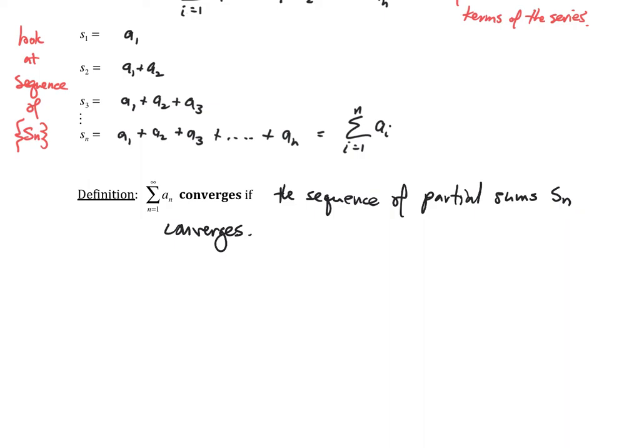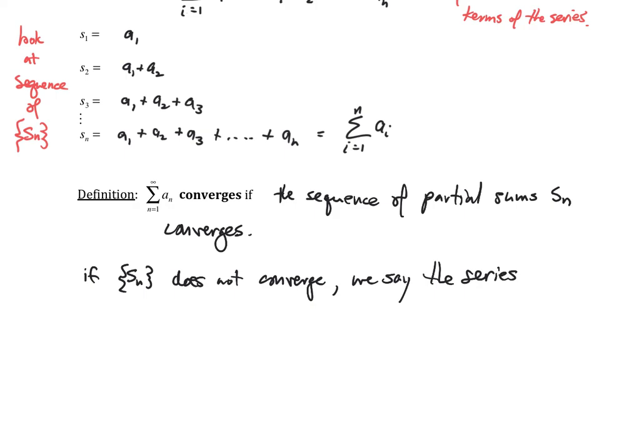Okay, and I should probably mention that if Sn does not converge, we say the series diverges. All right, so I'm going to highlight that diverges part there. I'm going to highlight the fact that we need this sequence of partial sums, Sn, to converge, which, looks like I just highlighted the whole definition. But that's really what we mean when we say it converges.